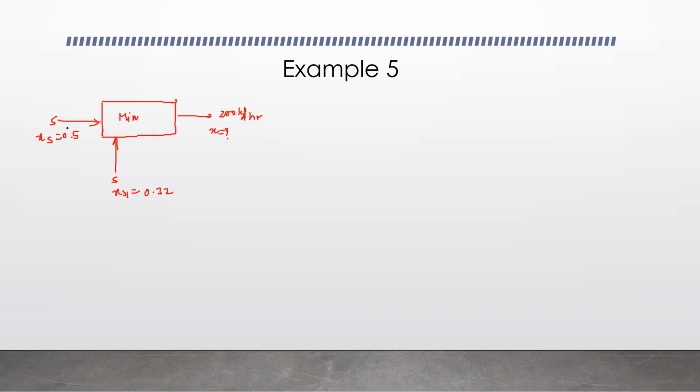So when we form the overall material balance equation for this, we'll get S plus S, input plus input, gives you output, that is 200. Therefore, 2S is equal to 200, S is equal to 100. Okay, S is equal to 100 kg per hour.